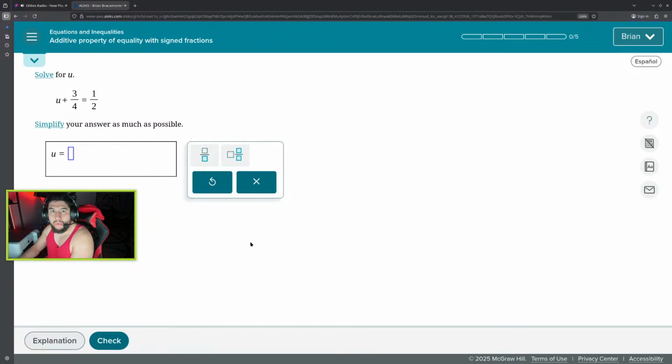In order to convert 1/2 to the denominator being 4, we have to multiply by 2. So 2 over 4 minus, and then 3/4 stays the same. Now you're subtracting 3 from 2, so it's going to be a negative. So u is going to equal negative 1/4. Alright, so that's the answer right there.